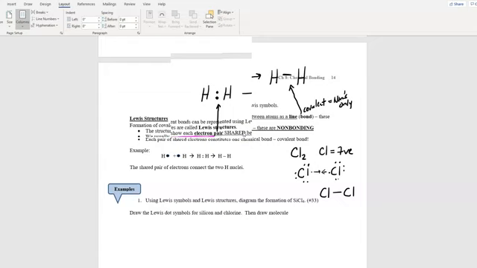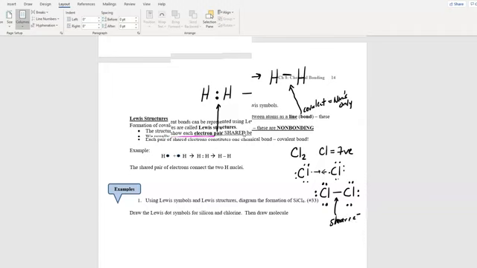Well, the problem is chlorine had 7 valence electrons, and now they're sharing those electrons. So if I asked you how many valence electrons that chlorine has, I know you're probably thinking the number 6, but remember, ladies and gentlemen, they are sharing those electrons.